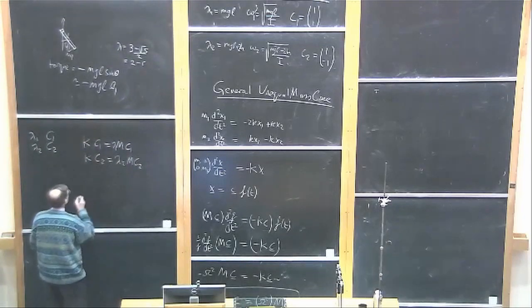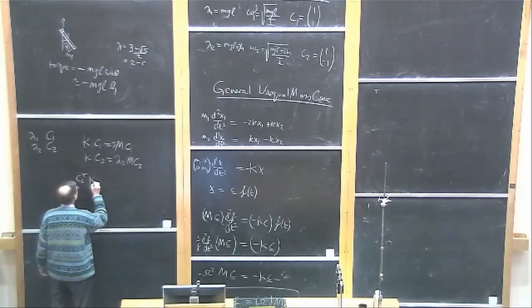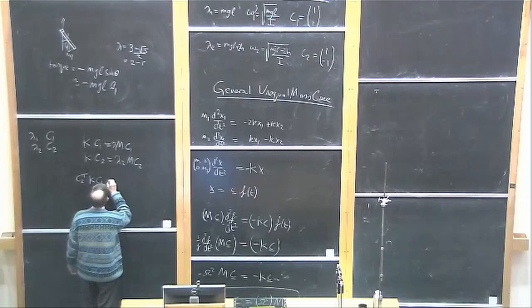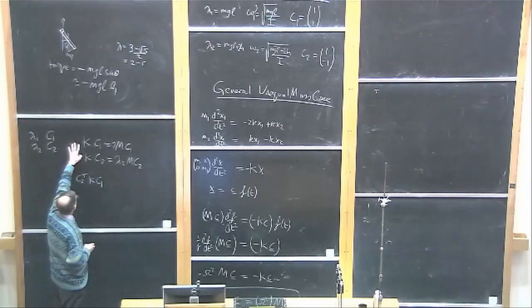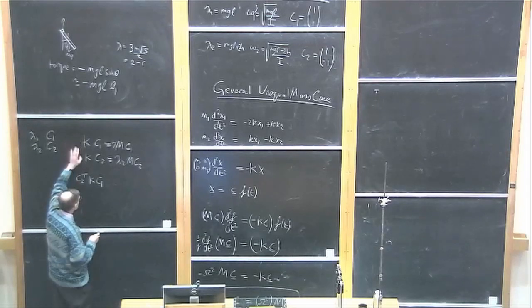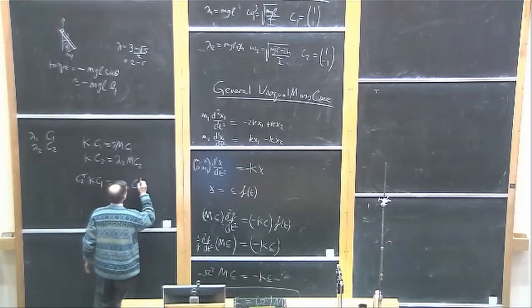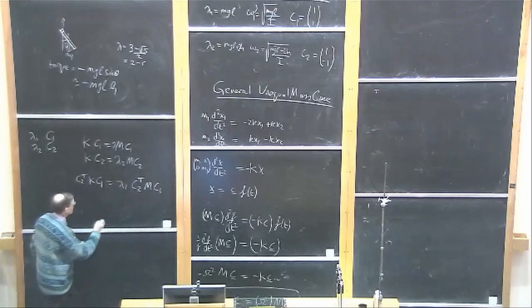So let's construct the product C2 transpose K C1, and I could achieve that by multiplying this equation here by C2 transpose, and that will give me lambda 1 C2 transpose M C1. Okay?